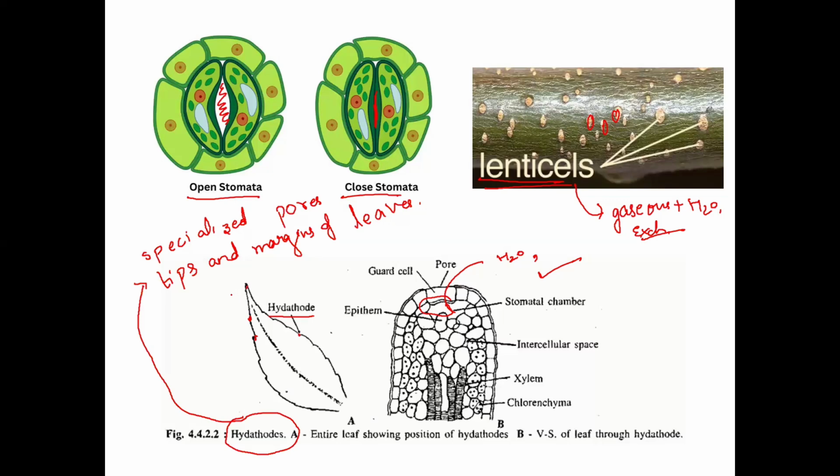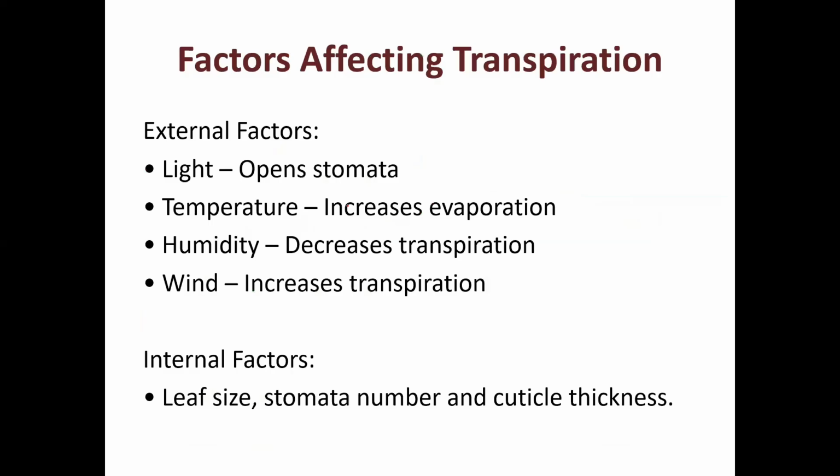They are the exit point for water. During guttation, hydathodes are active when transpiration is low, especially during cool, humid nights.